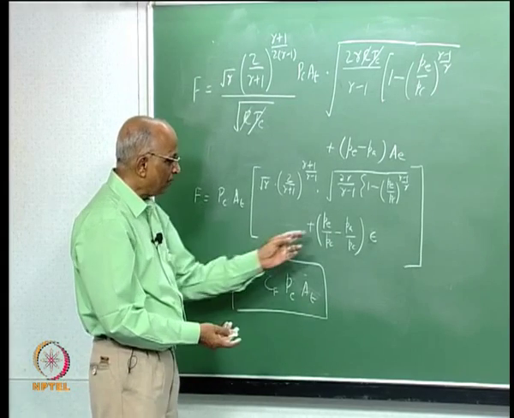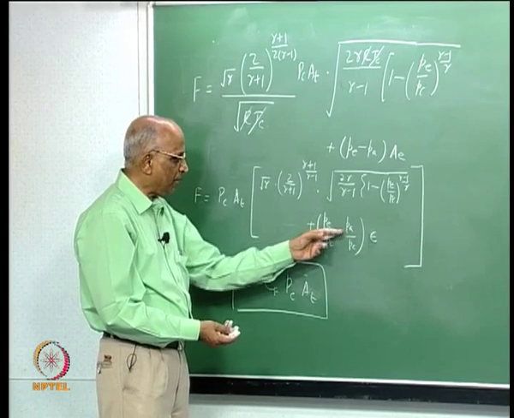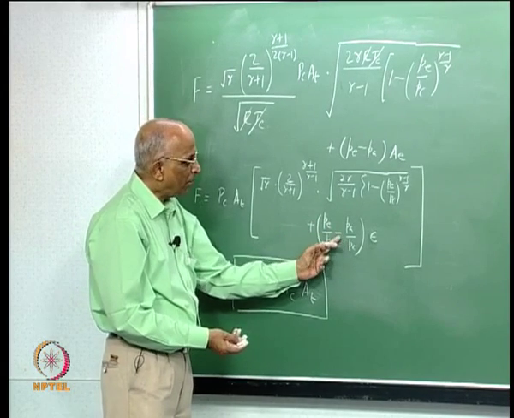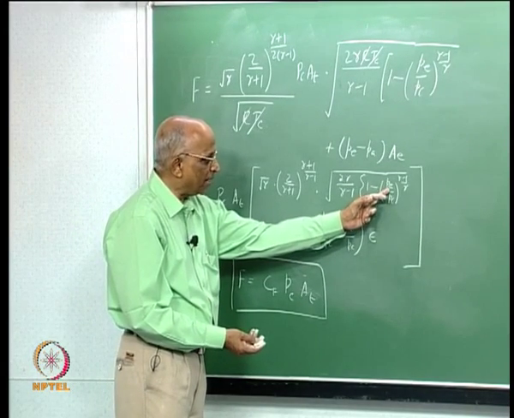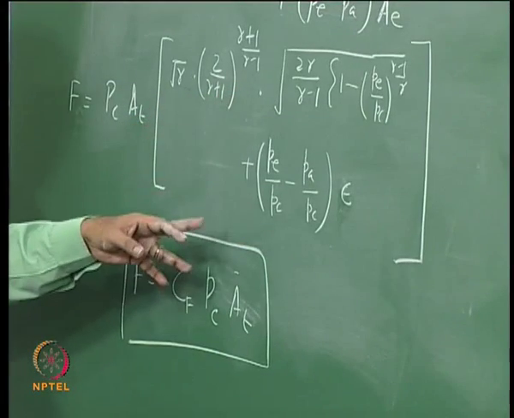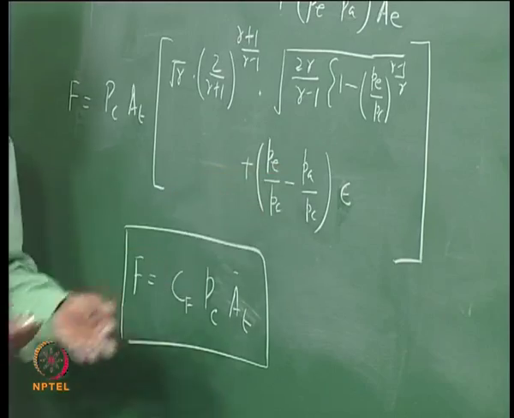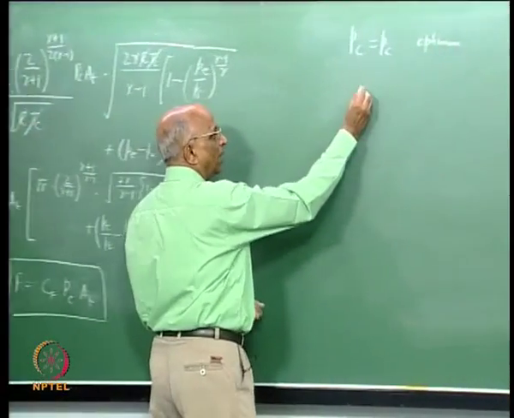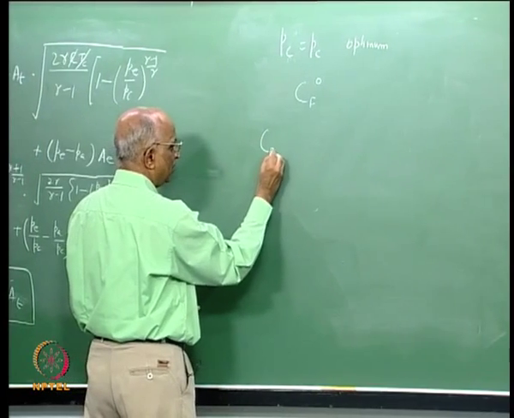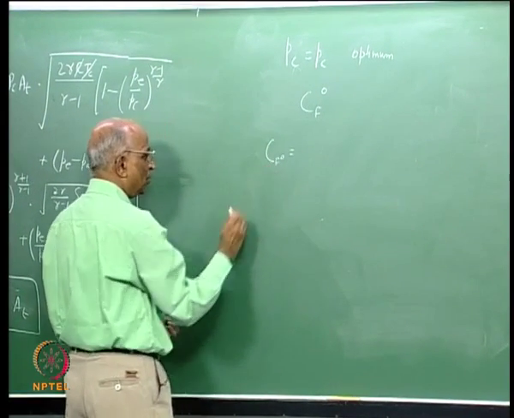What will happen is, when the ambient pressure is equal to the exit pressure, this term knocks out, but then you are increasing the value of Pa, and therefore the value of Cf corresponding to Pe equal to Pa will be maximum, and that is denoted by Cf0, which corresponds to the optimum.